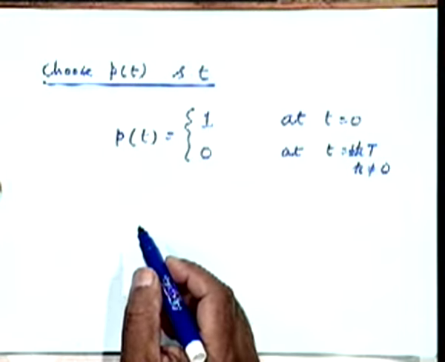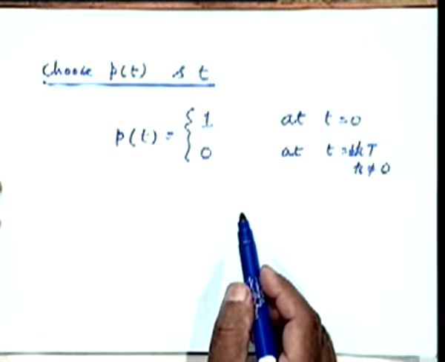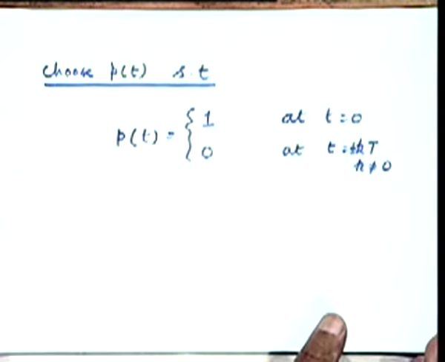This is a basic, very simple, ingenious argument given by Nyquist. Choose a pulse shape p(t) such that it has this property. All of you understand this? Because if this is understood, you can understand the Nyquist theory in a very easy way. This is a basic important point. The rest is all maths, which is very easy to follow.